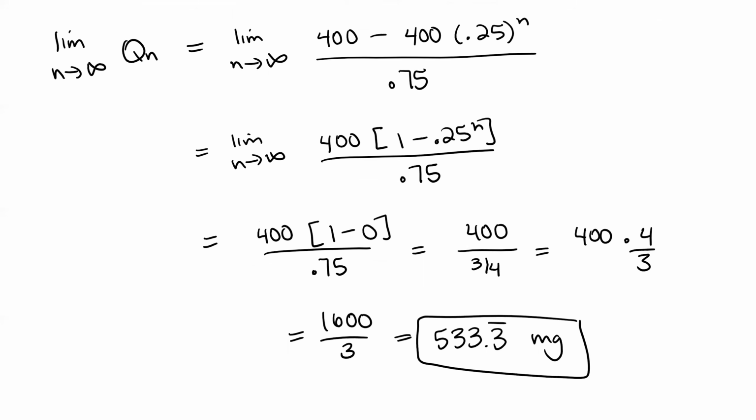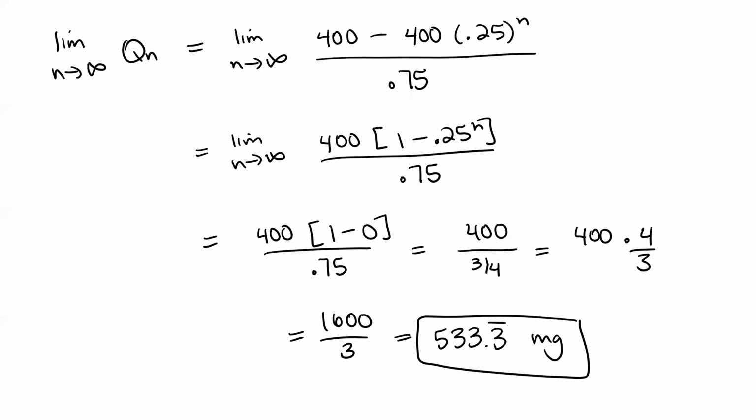So if for every 4 hours you took a 400 milligram pill of ibuprofen, then when you're 90 years old, here's how much ibuprofen you'll have left in your body. So if you do this forever and ever and ever, that's how much ibuprofen you'd have left in your body.